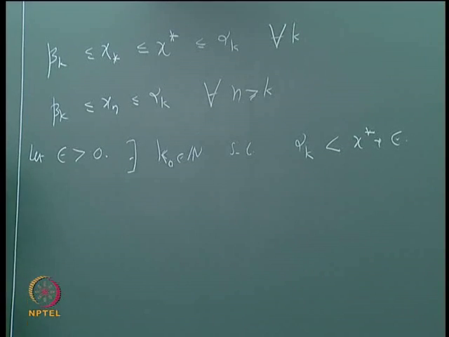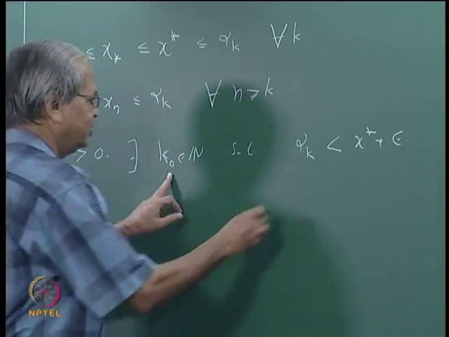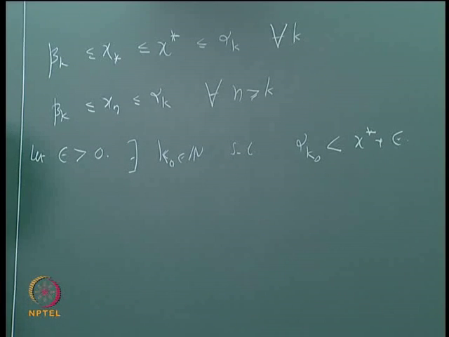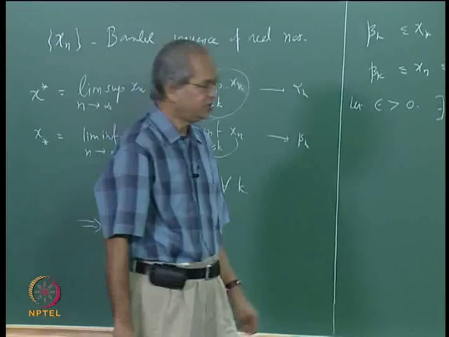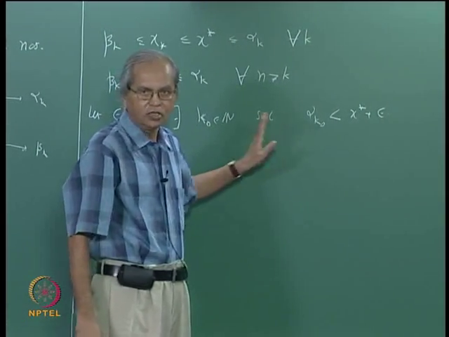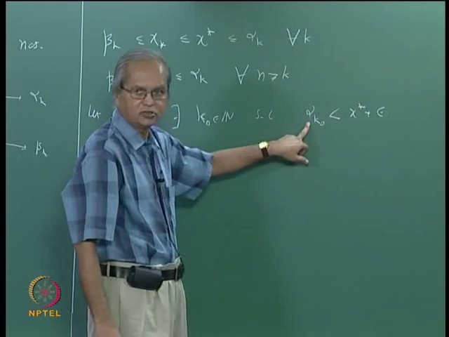Alpha k is strictly less than x star plus epsilon. Now if so, let me call it alpha k naught. Alpha k naught is less than x star plus epsilon. But alpha k is a decreasing sequence. So if this happens for one k naught, then for all k bigger than or equal to k naught, all alpha k are less than or equal to this alpha k naught.